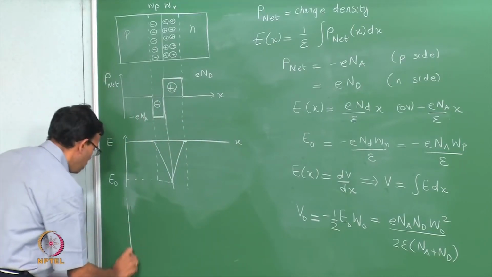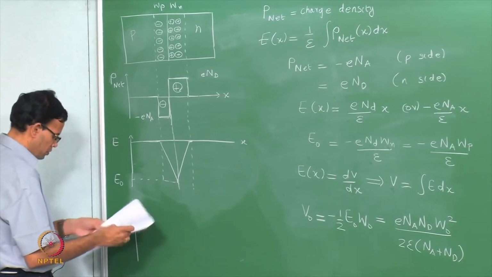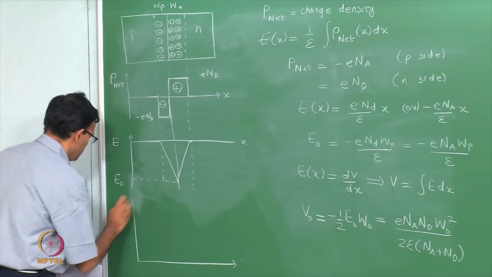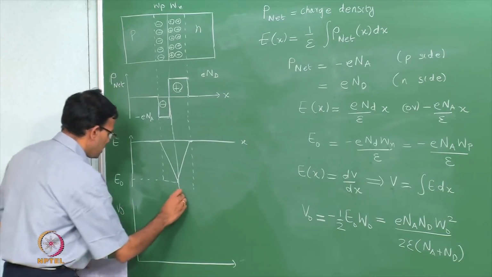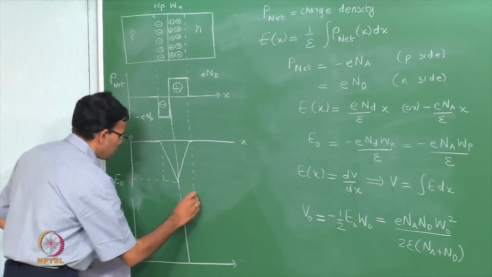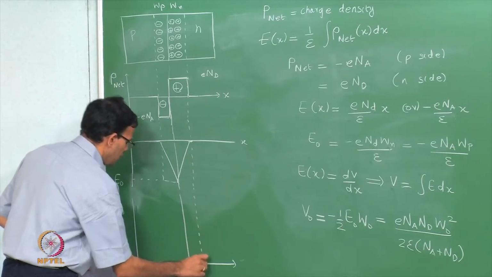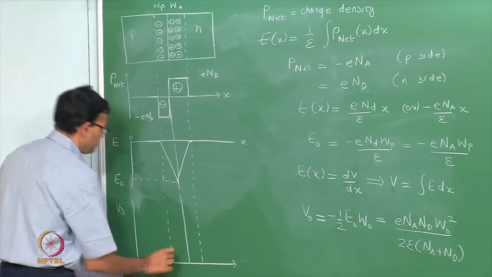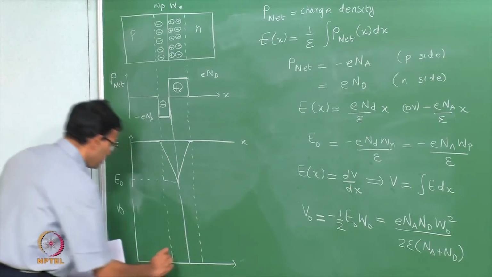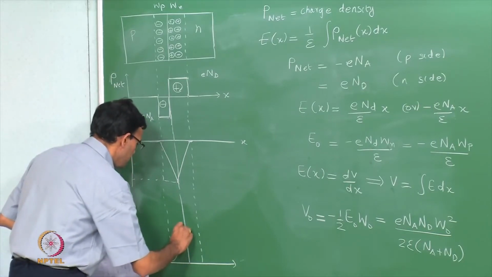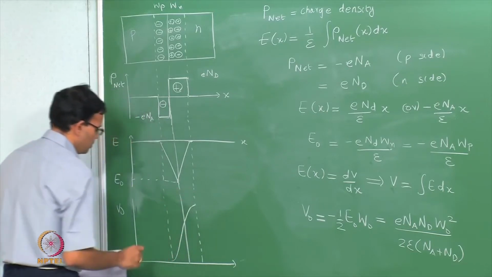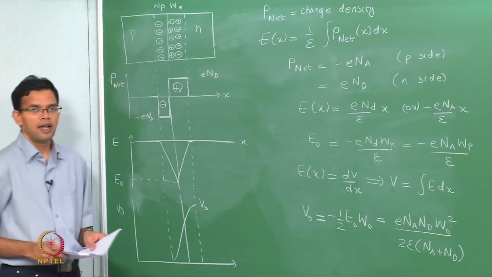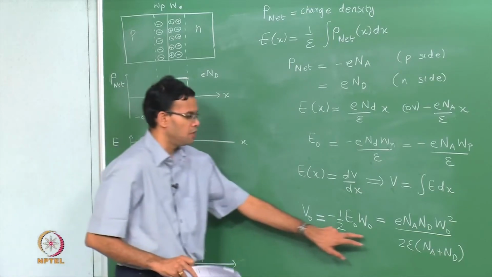So, if I plot V over x, that is my interface, that is the N side, that is the P side. Potential goes from 0 up to the contact potential V naught, and the expression for V naught is given here.